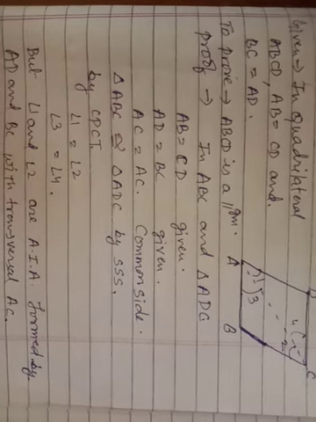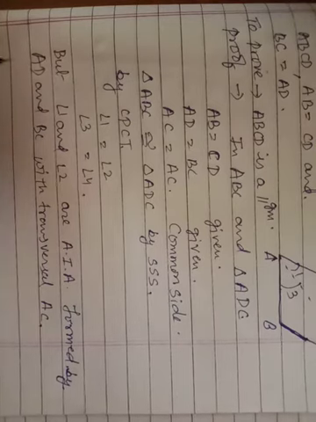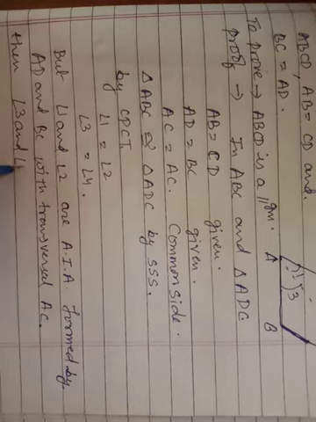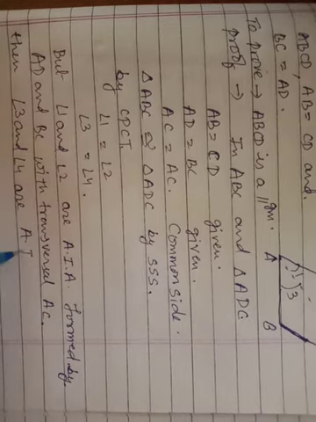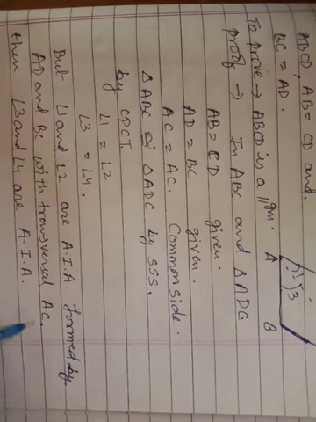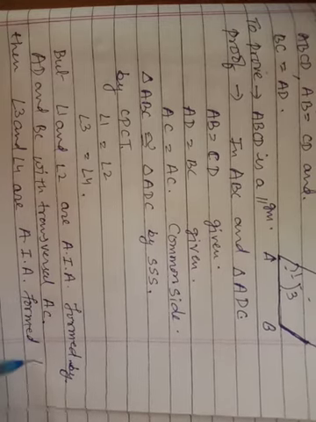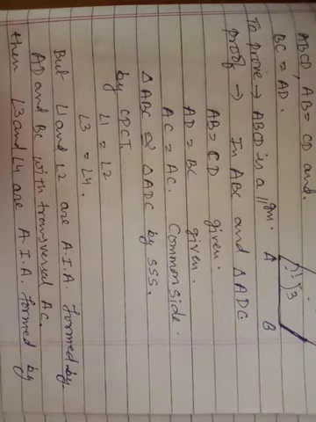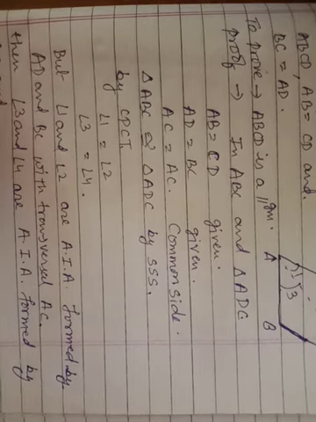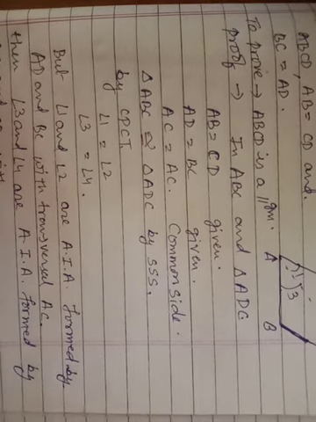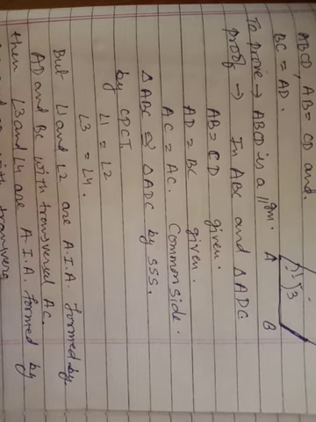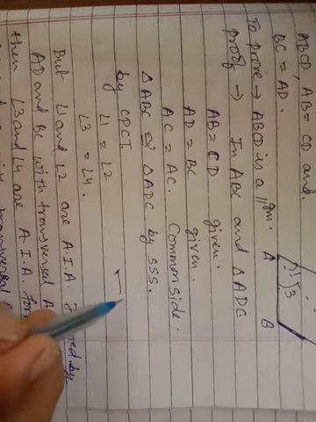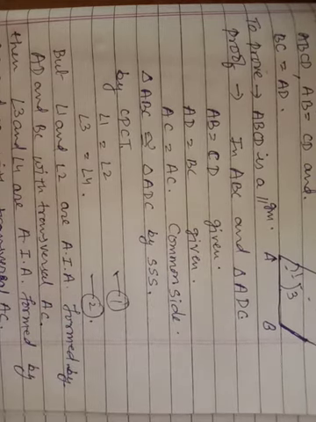Okay. Then we can further say that angle 3 and angle 4 are also alternate interior angles formed by which lines? Angle 3 and angle 4, AB and CD with transversal AC. So you can say that this is your equation 1 and this is your equation 2.